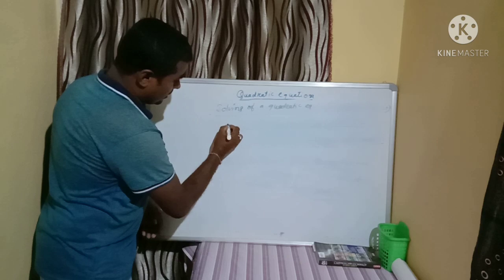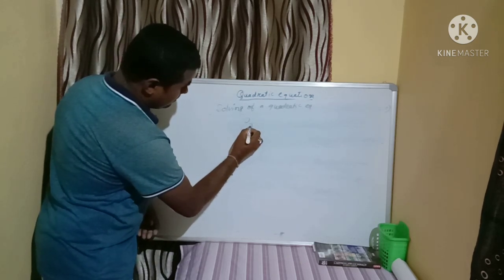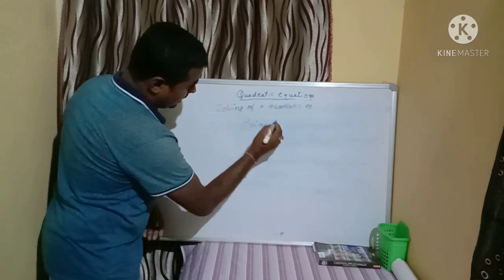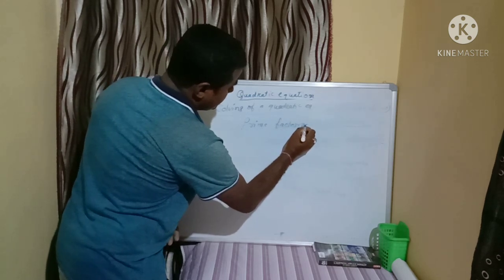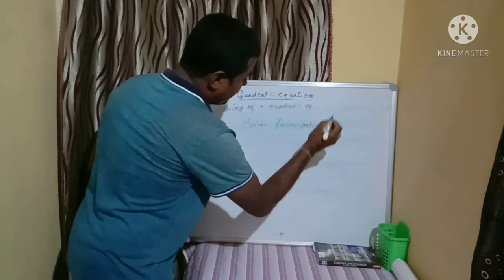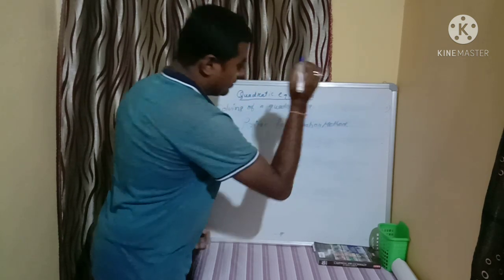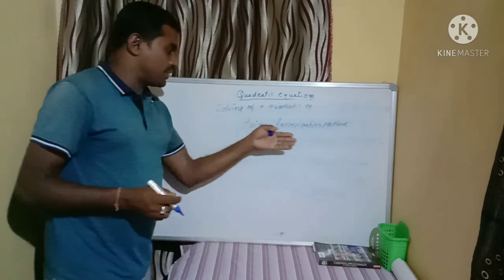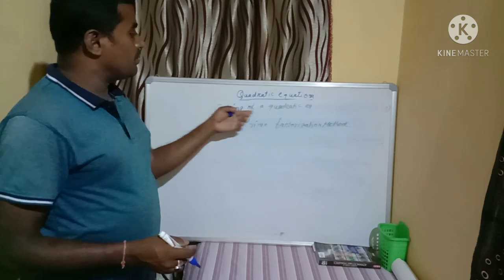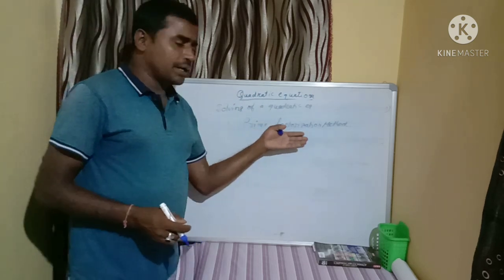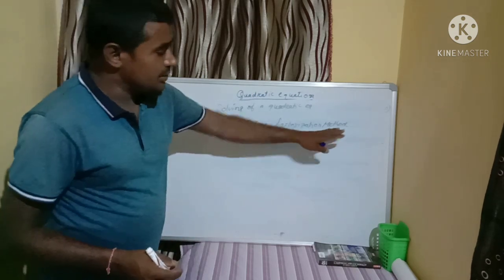Number one, prime factorization method. Already you are familiar with this method. So the first method of solving a quadratic equation is the prime factorization method.